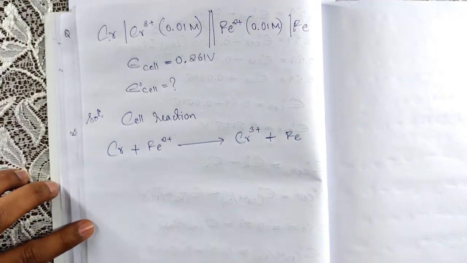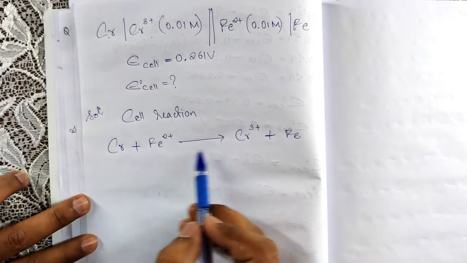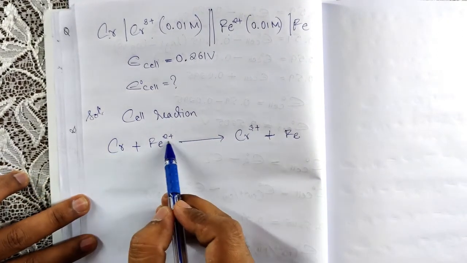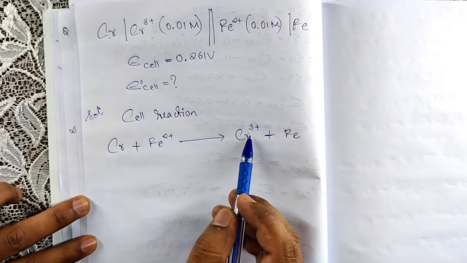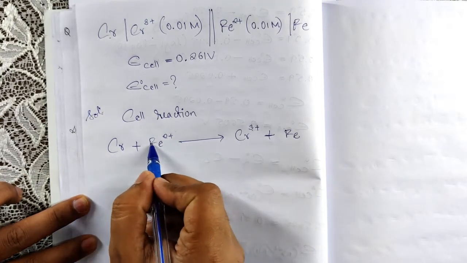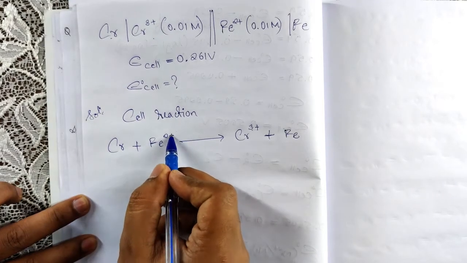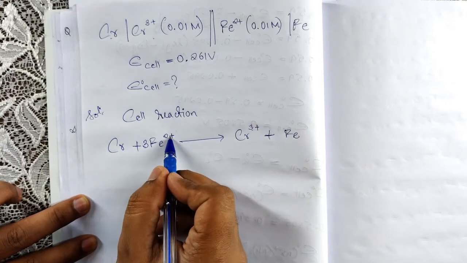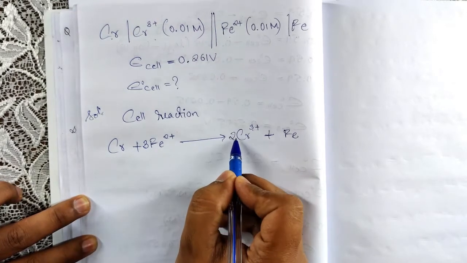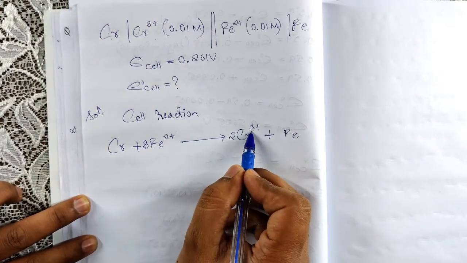So now if you look at the cell reaction carefully, you will see this is 3 plus and this is 2 plus. This is 2 plus and this is 3 plus, so I need to balance them. So what number should I put so that they can both be balanced? So this is 2 plus, so if I put here 3, 3, 2 is 6, and I'll put here 2, 3, 2 will also be 6.